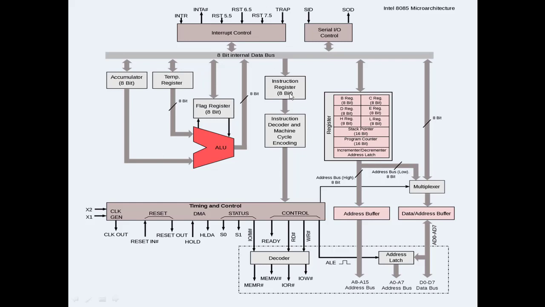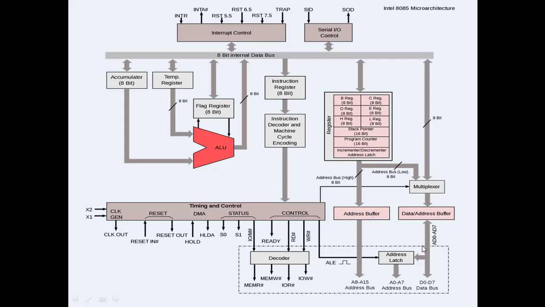The instruction is then sent to the instruction decoder. The instruction decoder decodes the instruction, and gives the timing and control signals which manage all the timing and control of the internal and external activity. Then there are the address buffer and data buffer, which are used to connect the external buses.